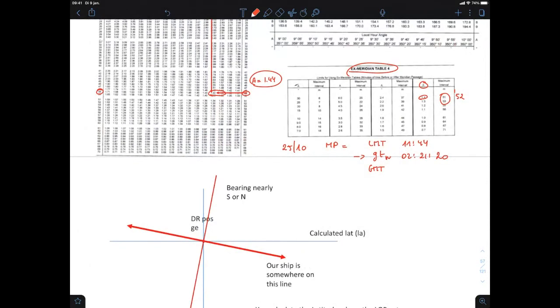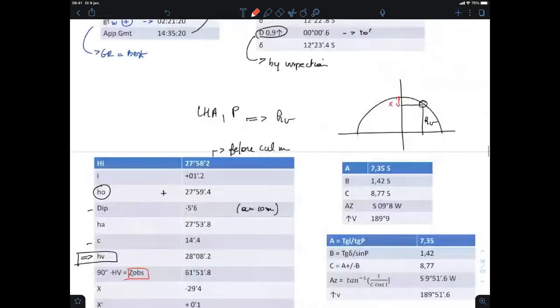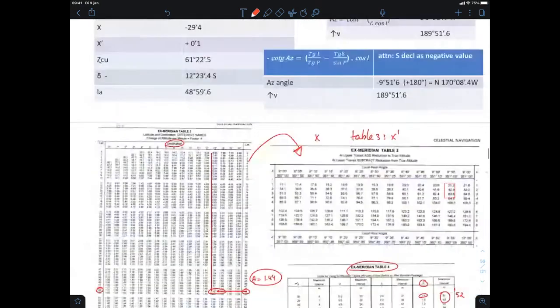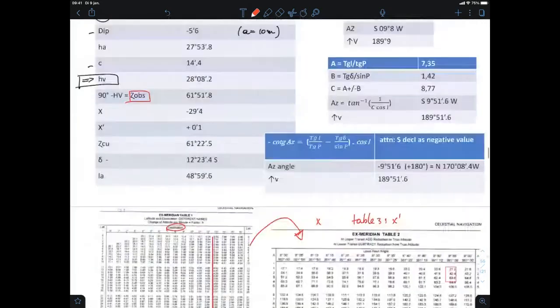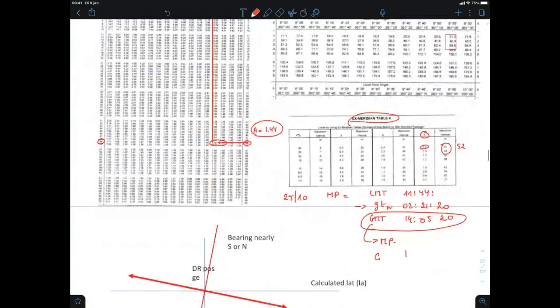So Greenwich is best. So what do we do? We add this. So this gives 14:05:20. And so we see that our GMT is 14:05:20. That's the GMT of meridian passage. We did our observation at, what was our chronometer time? It was 14:40:55.